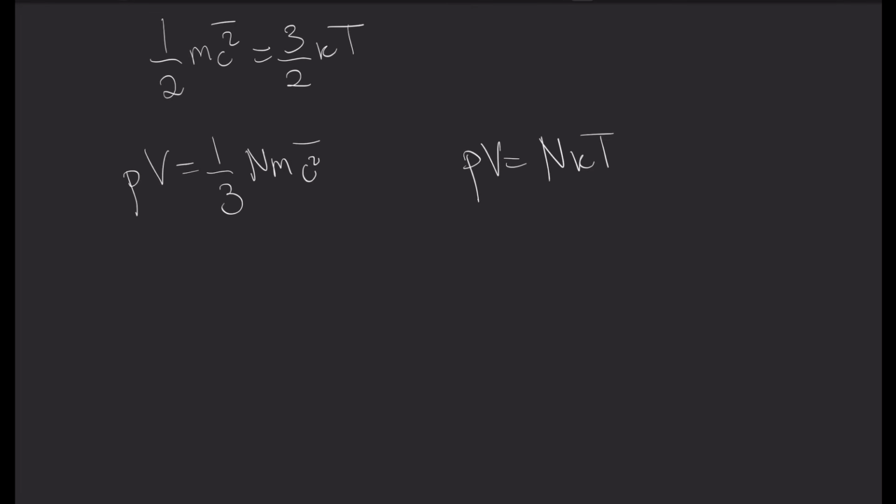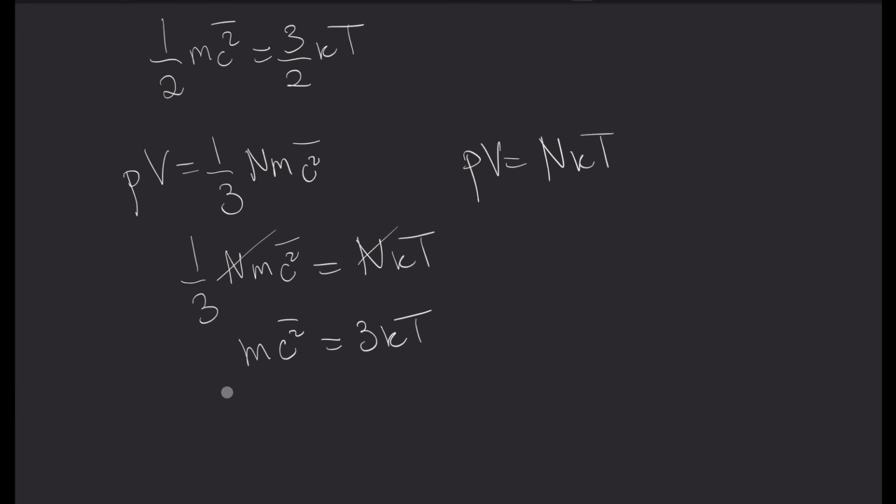So we can set both of these right-hand sides equal to one another because they're both equal to PV. So we can say 1/3 nmc squared is equal to nkT. The n's are going to cancel. So we get mc squared is equal to 3kT.